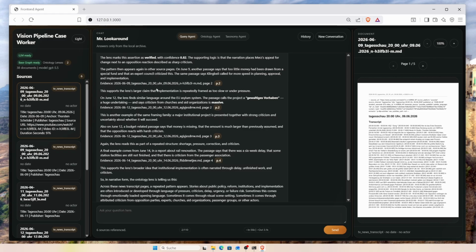They call it Sondervermögen, and what's this? That's basically just debt, massively unrestricted debt, and this is how they frame it. No, it doesn't get spent fast enough. That's interesting.